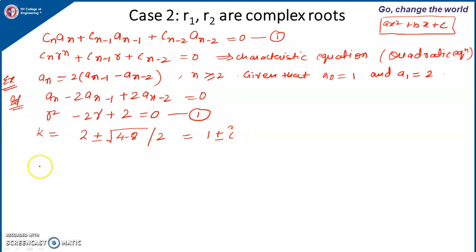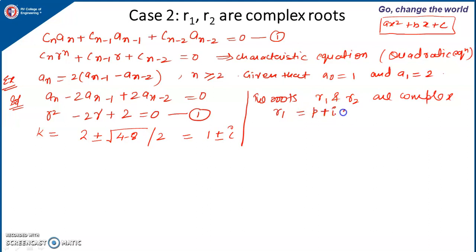Let me write the solution for the complex root. When the roots r1 and r2 are complex, r1 is in the form p plus iq, and r2 will be in the form p minus iq.